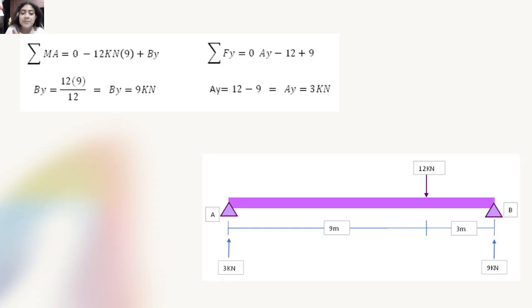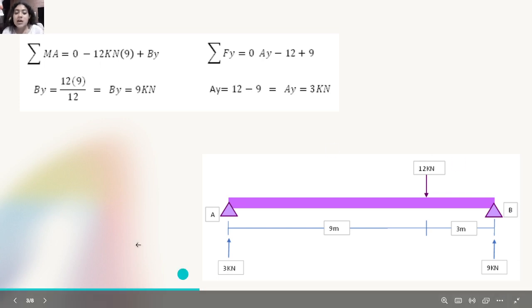And then with my beam I have a symmetry: the sum of moments at A equals 0, and then it's negative 12 force times 9 plus Bj.